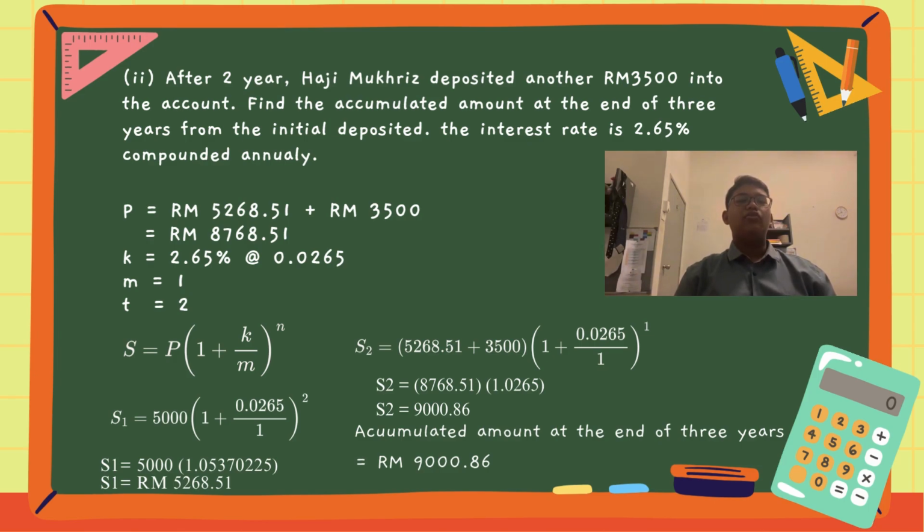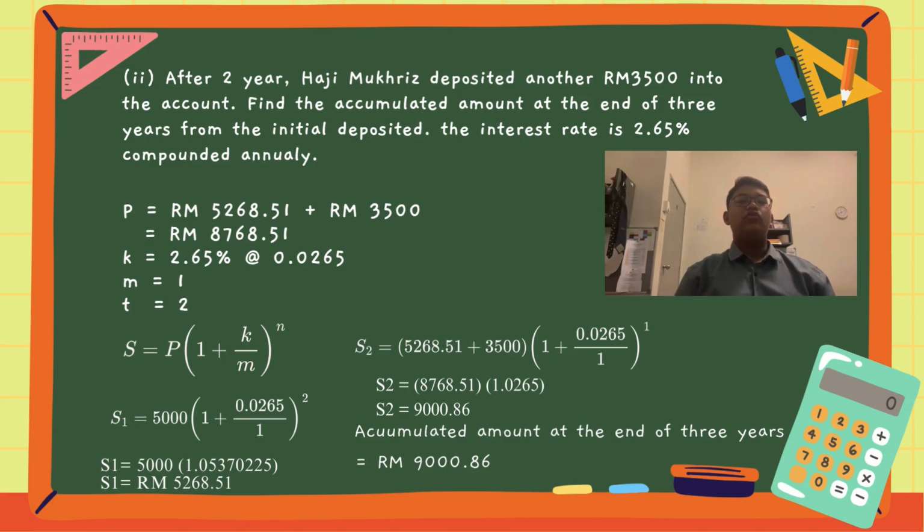Now for S2, RM5,268.51 plus 3,500 times 2 bracket 1 plus 0.0265 divide 1 the power of 1.